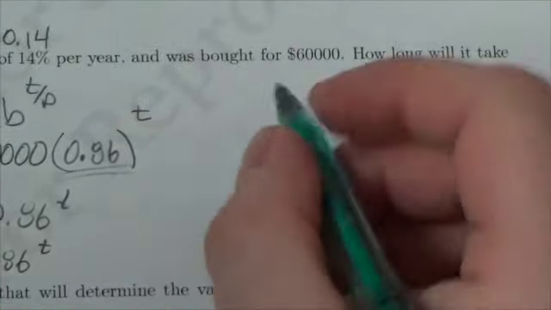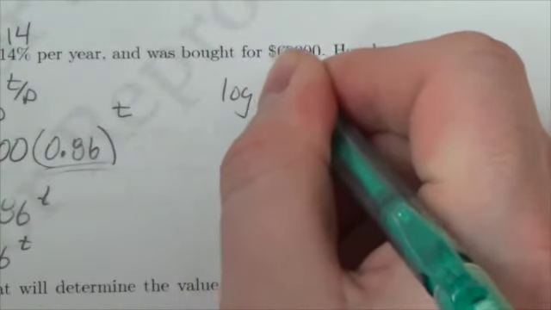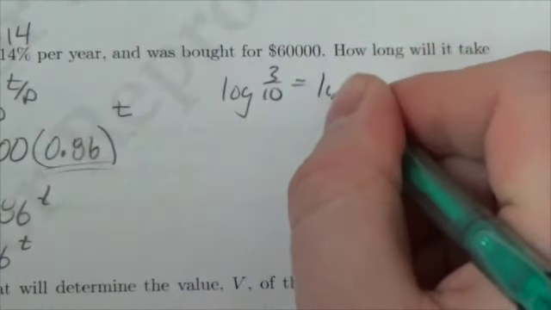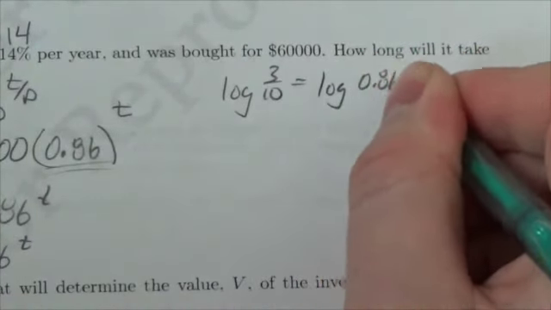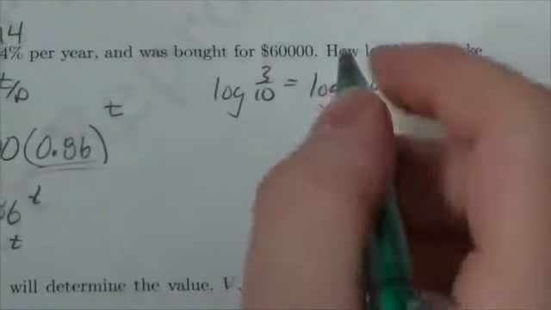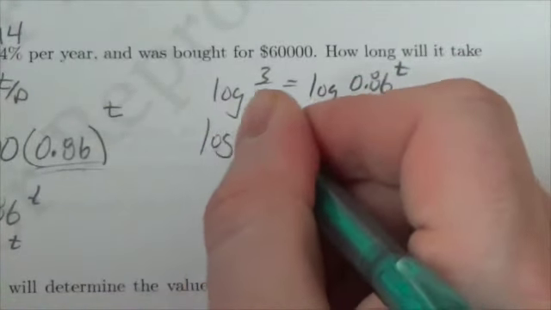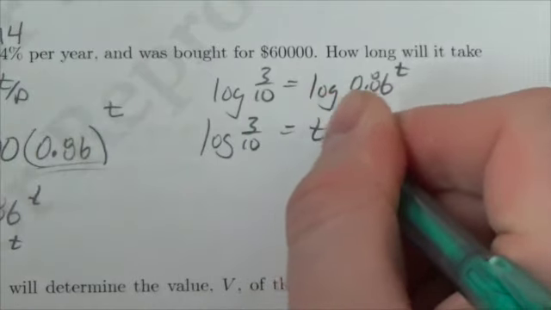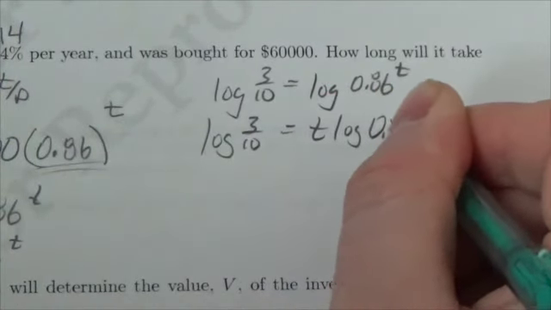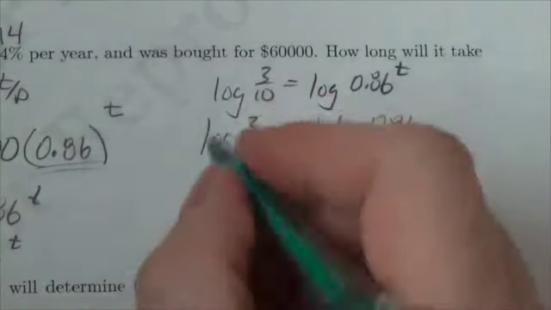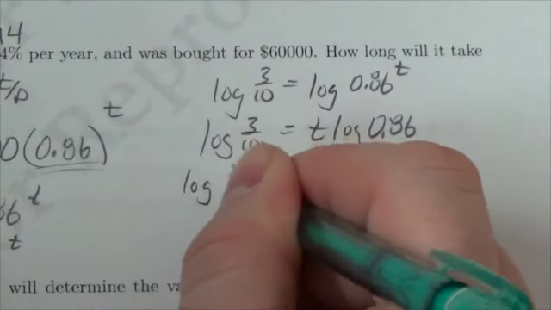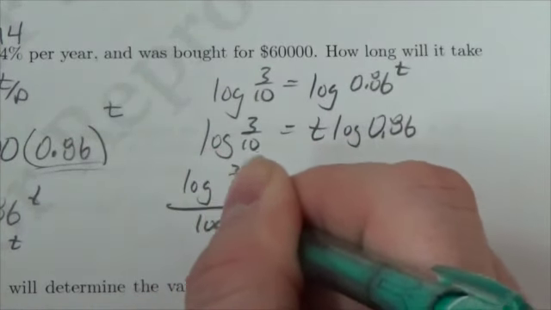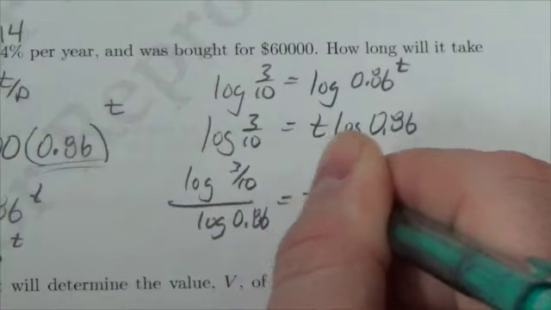Now I'm going to take the log of both sides. So the log of 3/10 is equal to the log of 0.86 to the t. I'm going to bring the t down. That was the whole point of taking the log, to get the t out of the exponent. Now I'll divide, and I get the log of 3/10 over the log of 0.86 is equal to t.